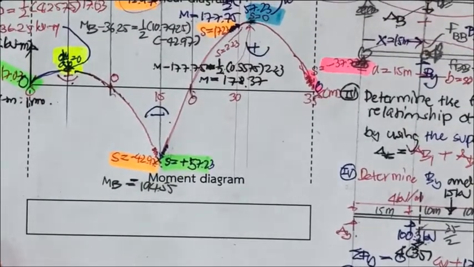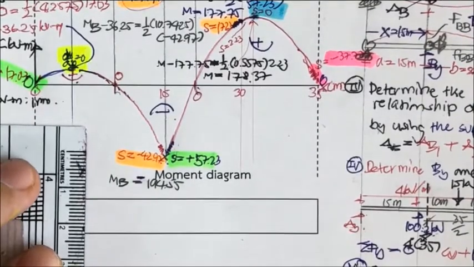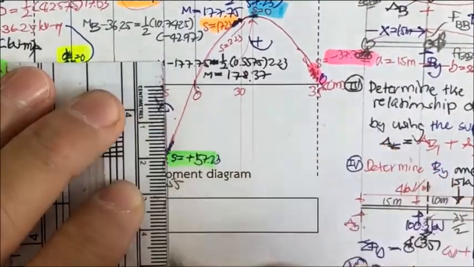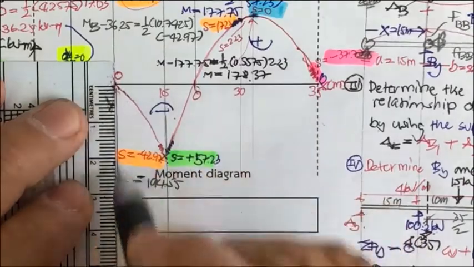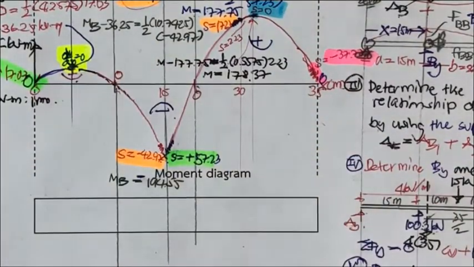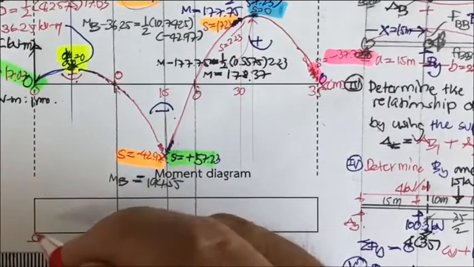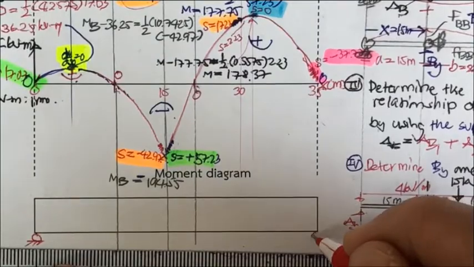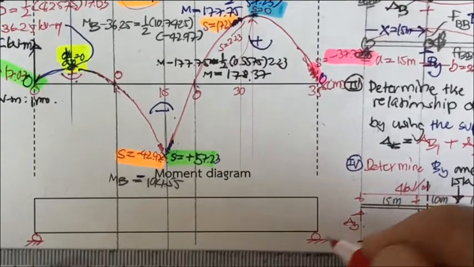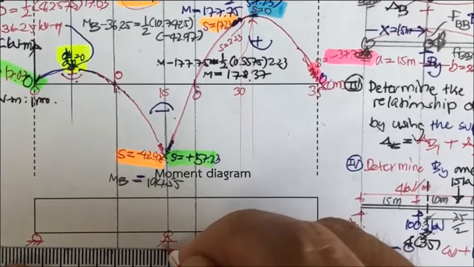Now we are ready for that. Okay, and then we have what? We have this one as the support, this one for the inflection point, this one for the inflection point, and what we have is this is the roller, and this is the pin.